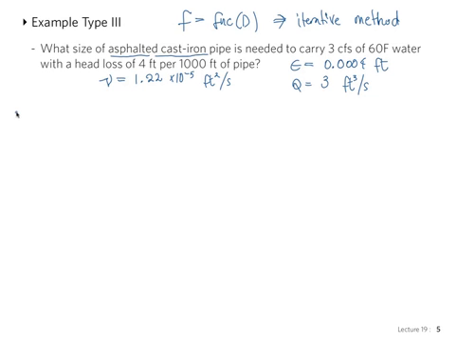Alright, so the first thing is we need an expression for the diameter to iterate with, right? We don't have that yet. So let's see, what do we know? We know that the head loss is equal to the friction factor F times L over D times V squared over 2g.